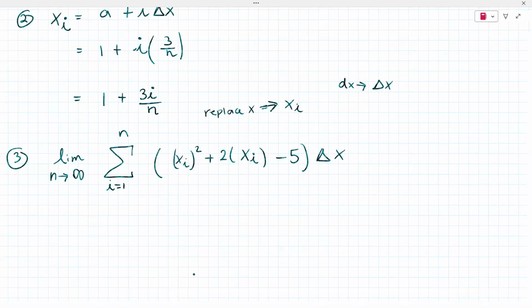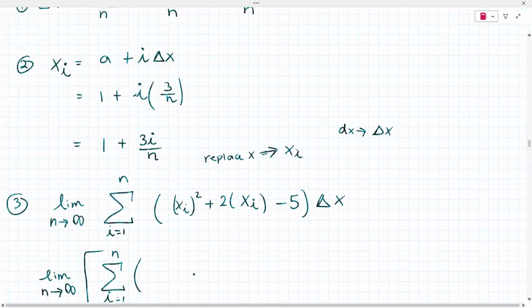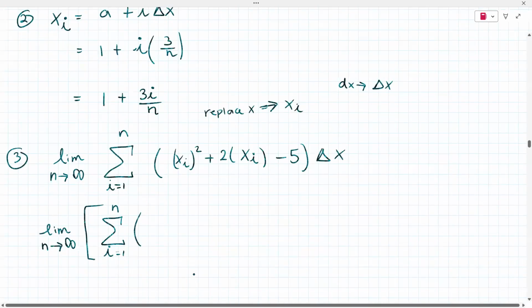So if you kind of clean it up, this is going to be the limit as n goes to infinity of the sum from i equals 1 to n. Then now you replace xi with 1 plus 3i over n, right?